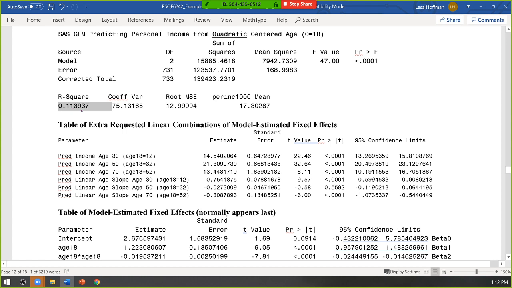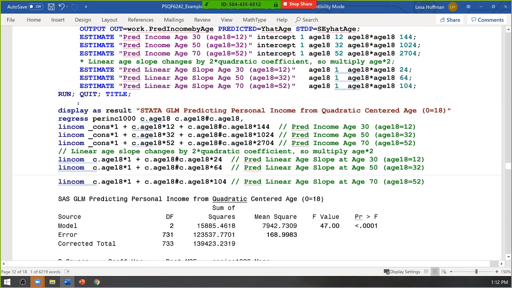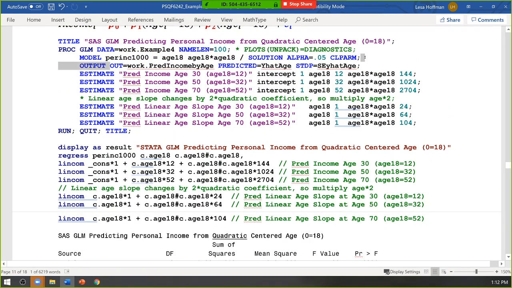The other way to interpret R square is to think about it in terms of y hat. So y hat is the predicted income for each person based on their age. If I were to calculate y hat for each person, and by I mean SAS, that's actually what's happening in this line right here. I am making a new data set and adding a column that has the predicted incomes for each person.